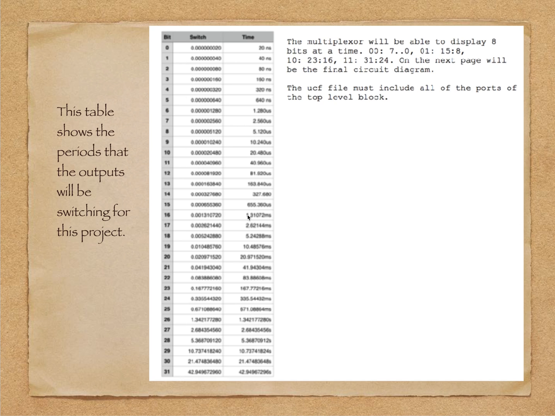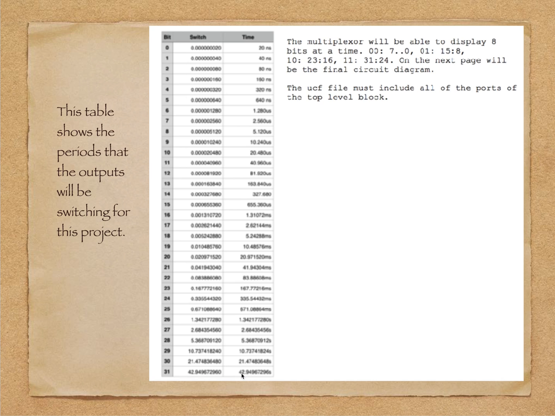As we move up to the most significant bits, you can see at the end, bit 31 switches almost every 43 seconds. So that means 43 seconds low, 43 seconds high. So it's over a second is the period.